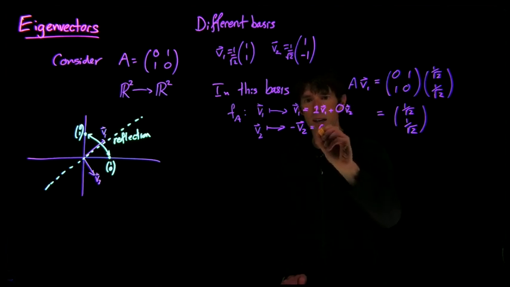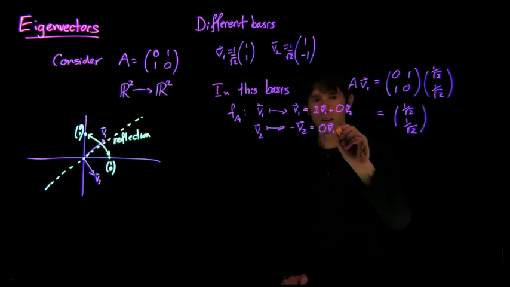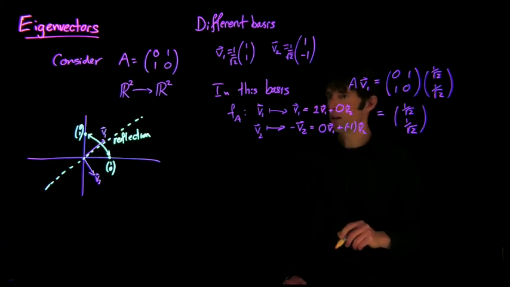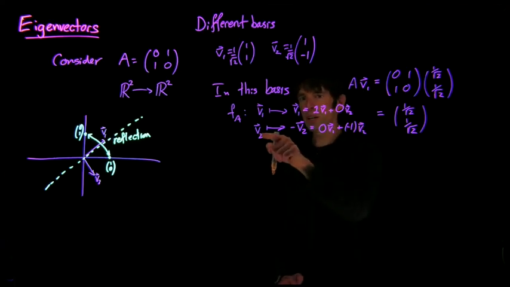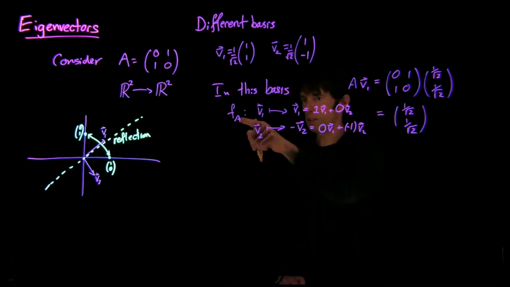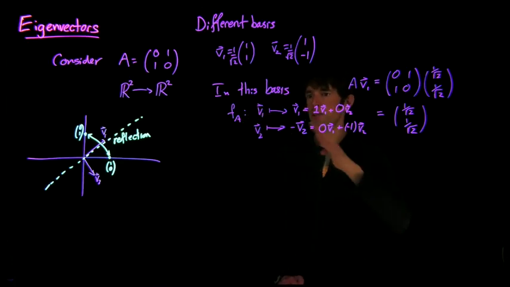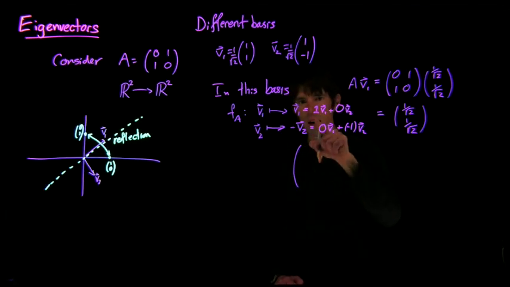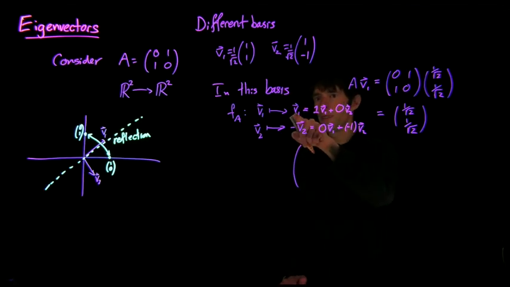And this I can write as 0 times the v1 vector plus minus 1 times the v2 vector. So if I were to think of this as a matrix describing what this transformation does in this v basis, the matrix would be, well, I look at the v1 vector, the first basis vector, and it's sent to a linear combination of the v's.